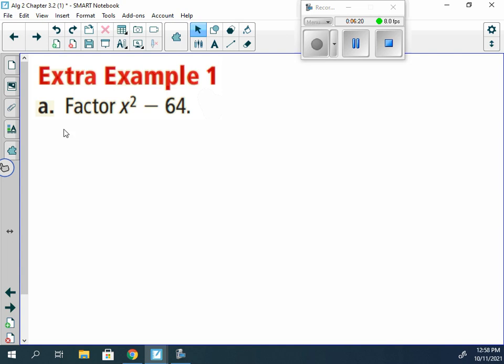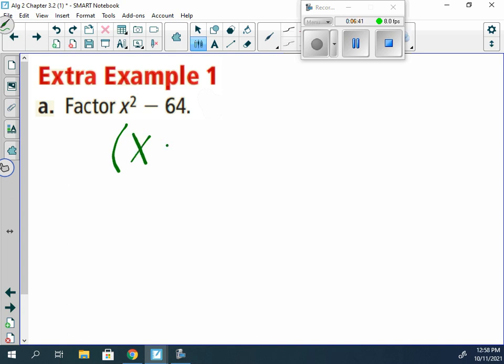x squared minus 64. Would we consider this a difference of perfect squares? Because this x squared would be what? x times x. 64 would be 8 times 8. Okay, so what would our factors be?